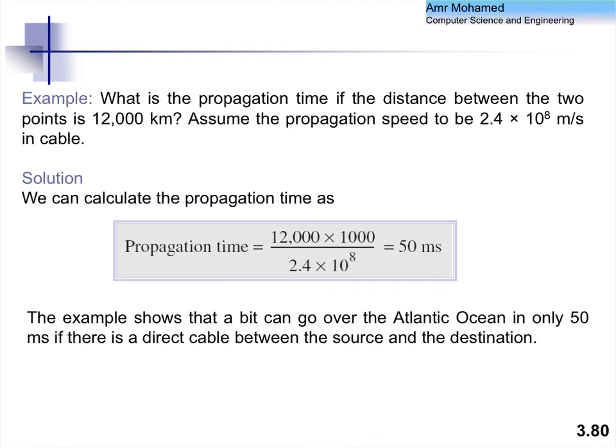So the example here shows that a bit can go over the Atlantic Ocean, which is this total distance, in about 50 milliseconds. If you were to have a submarine cable under the ocean, with the typical speed and distance, then typically one bit will spend about 50 milliseconds to go through the transmission line.